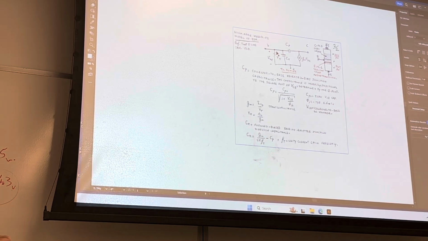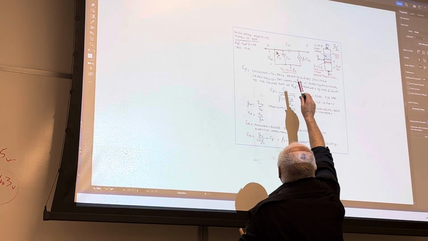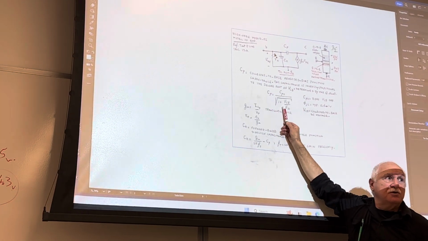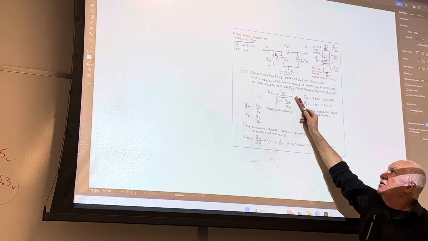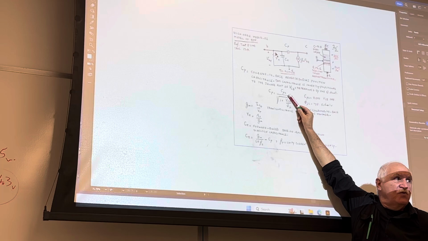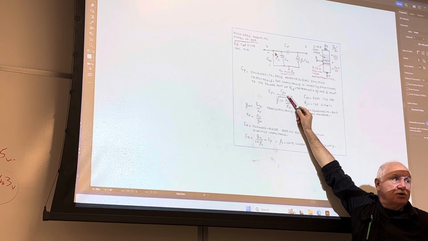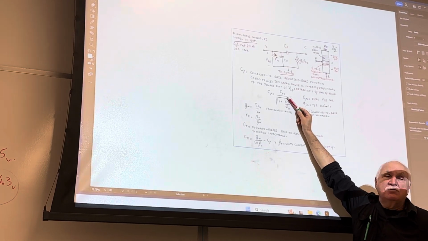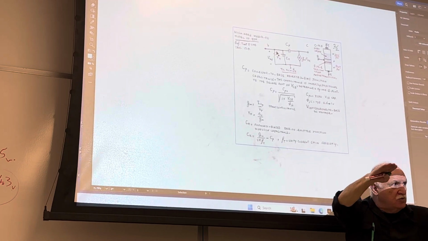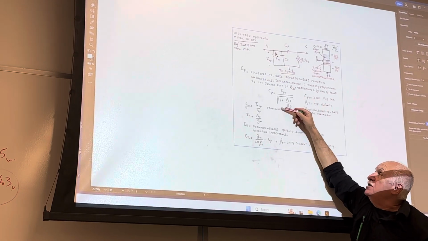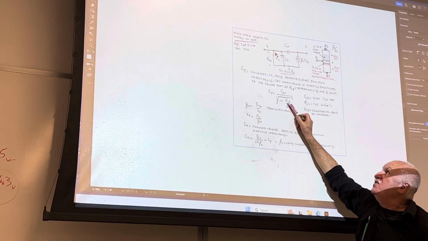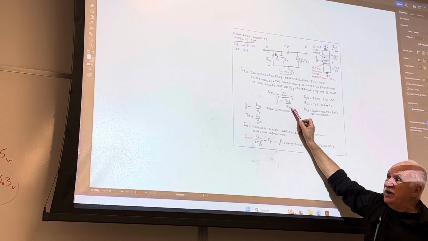The top one, C mu at the top, because it is reversed, look at the formula that it follows: C mu 0, that's the collector to base zero voltage bias junction capacitance, C mu 0, and that's when VCE is equal to VBE, so the two are level. Then you divide by the radical of 1 plus voltage VCB, collector to base voltage.